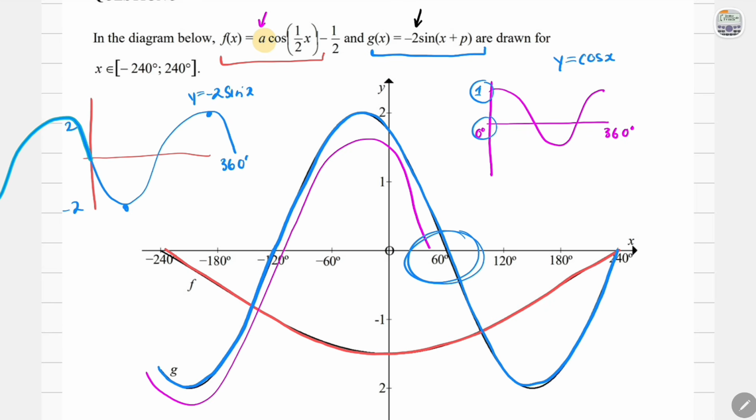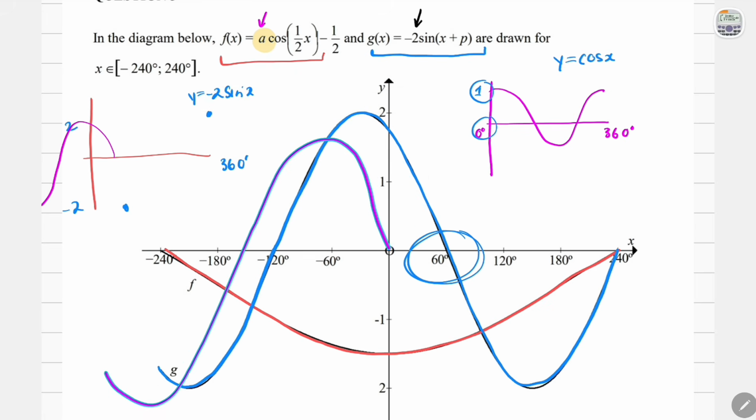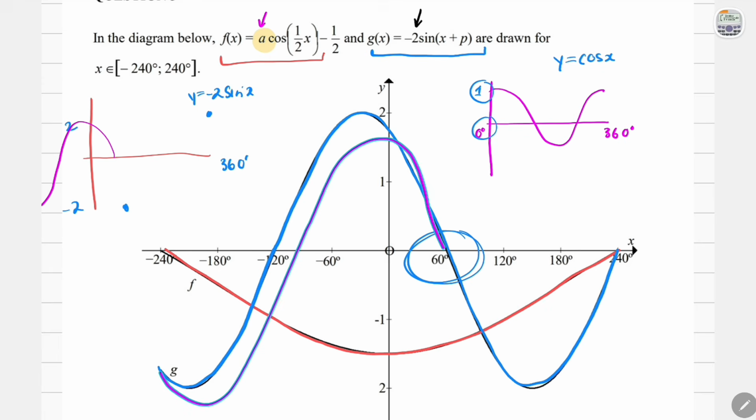So it's the repetition of that cycle. This went 60 degrees to the right. So it would have been here at 0 degrees, but if it shifts 60 degrees to the right, then it ends up looking like that. And then do you see how it ends up looking like this pink part that goes up like that and then like that? So we know the original graph was supposed to look like this, that repetition, and then it was shifted 60 degrees to the right.